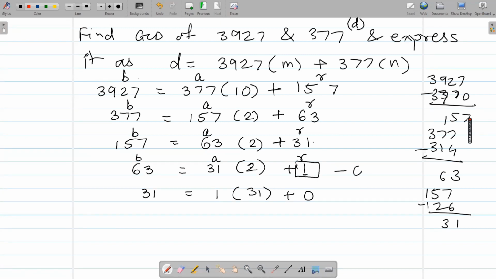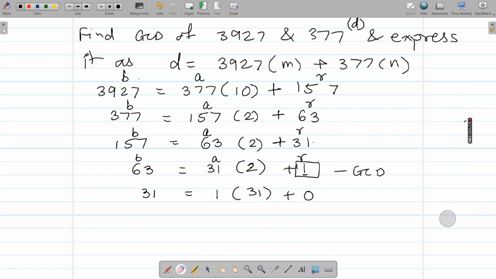And this is nothing but the GCD of 3927 and 377. So these are the steps we need to understand. And here, see, there are 1, 2, 3, 4, 5 steps.